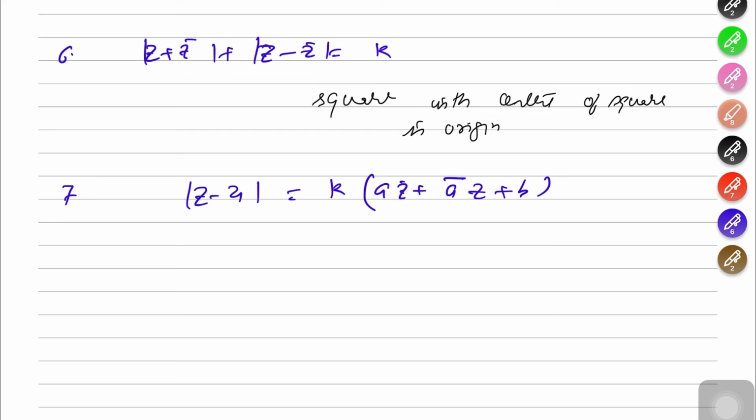Or if we observe something like this, sometimes we write it like this: |z − z1| upon |a z̄ + ā z + b| is equal to k.